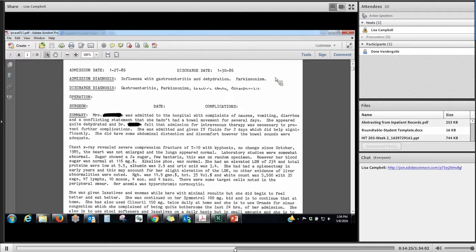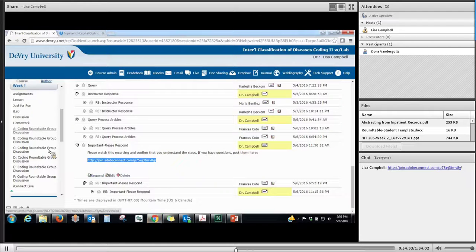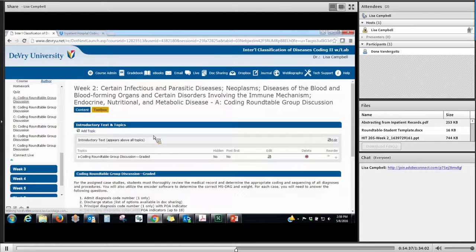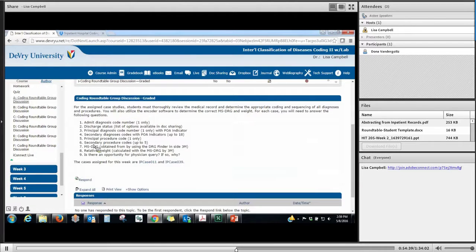Now, you'll notice here that there are potentially several diagnoses that are listed. On the previous slide I mentioned, and it also says in the coding roundtable, let me pull that up, it tells you one diagnosis for the admission only. So I will tell you that we do not get paid based on the admission diagnosis.